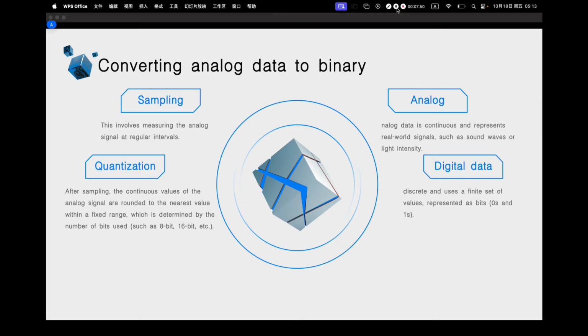It samples, quantizes, and outputs the corresponding binary values. So, for instance, if an analog signal represents a temperature that varies smoothly, the ADC samples the temperature at a specific moment, transforms those measurements into binary numbers like 101010, and sends them to the computer for processing. That's what this topic is about.